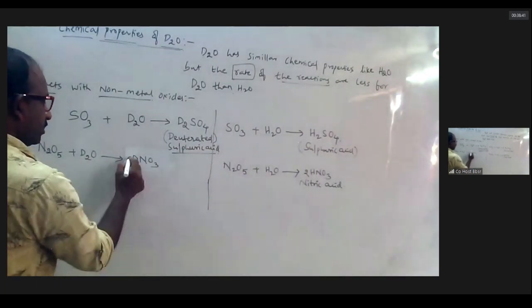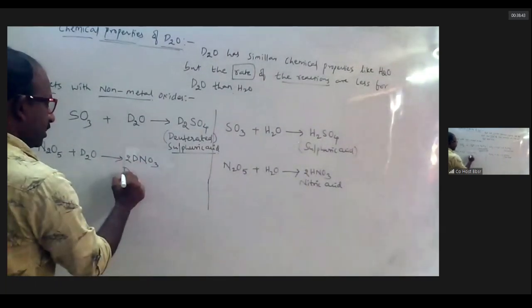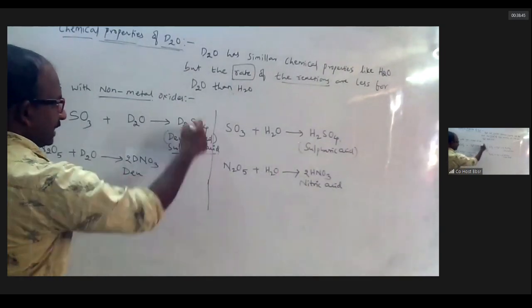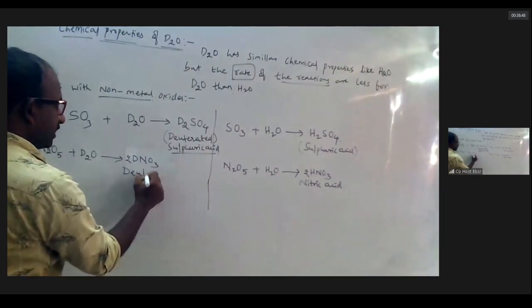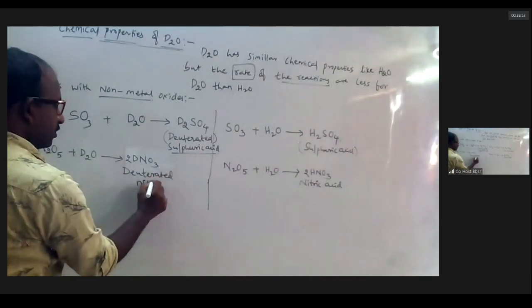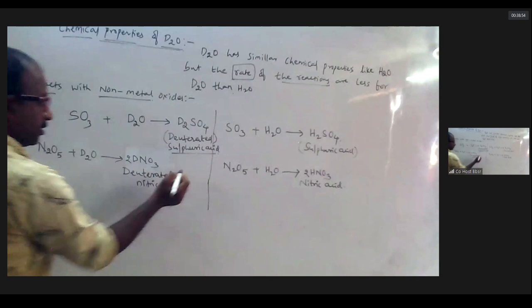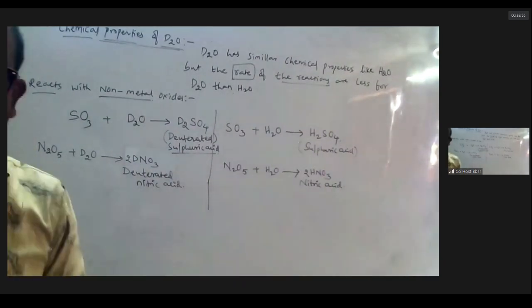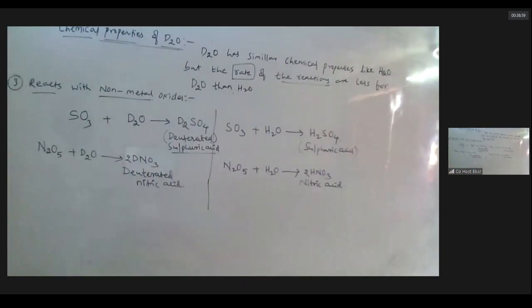DNO3, 2DNO3, that is deuterated nitric acid. Deuterated nitric acid, right or not?